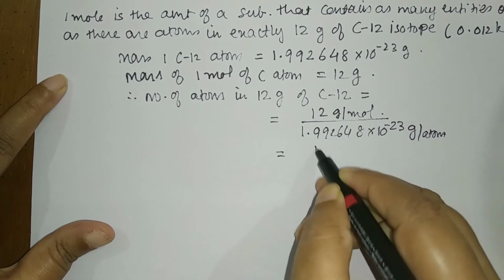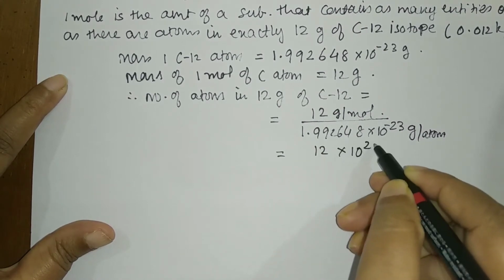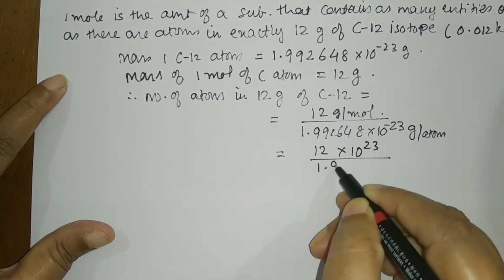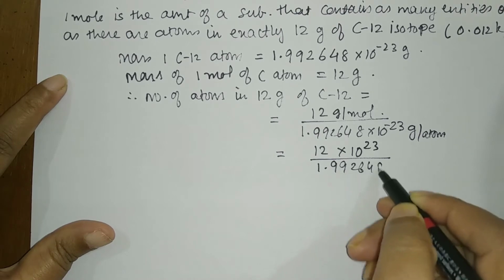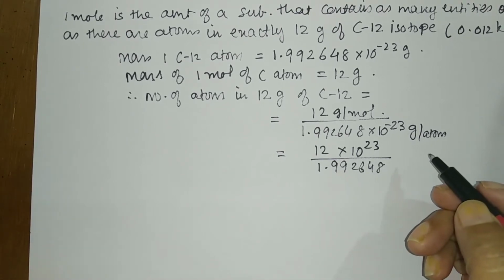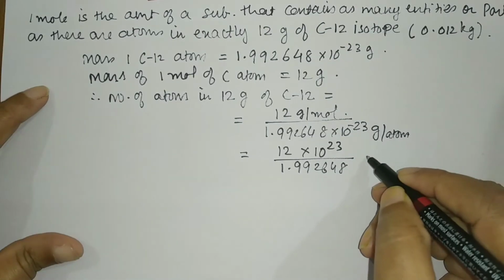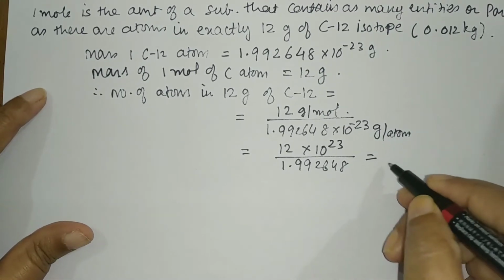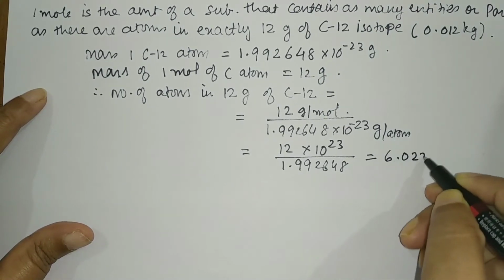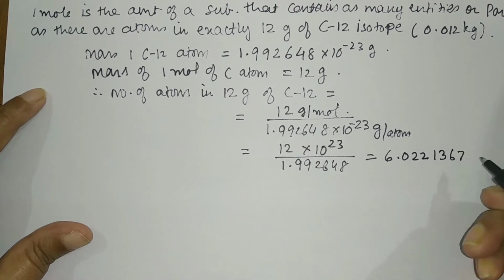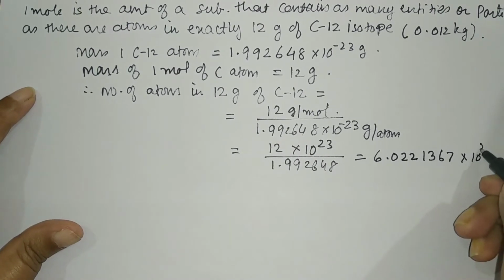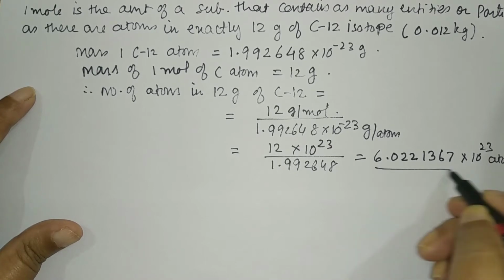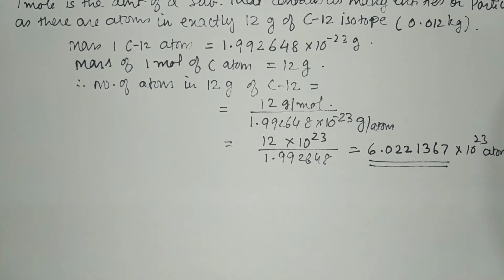So that is 12 into 10 raised to 23 upon 1.992648. Now, if you do the calculation, you will get a very interesting value, 6.0221367 into 10 raised to 23 atoms per mole. And this is what we call Avogadro number.